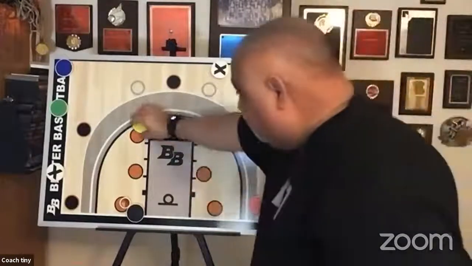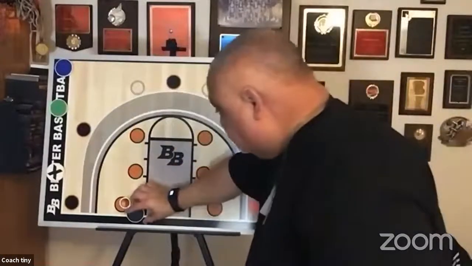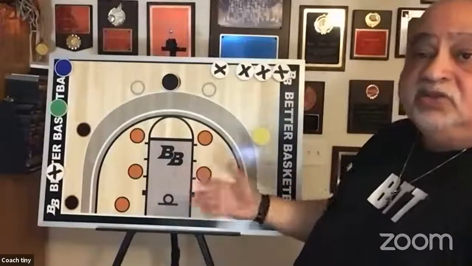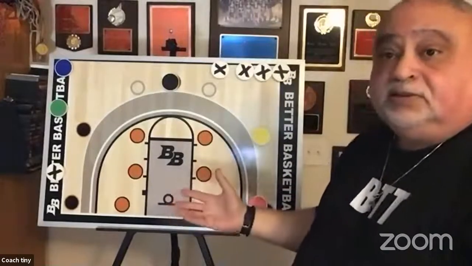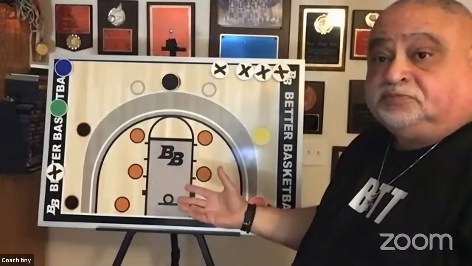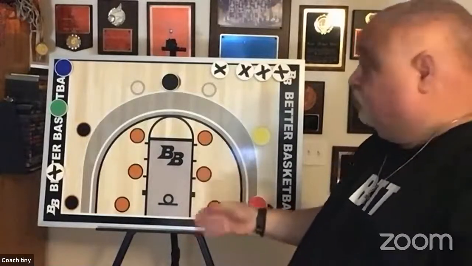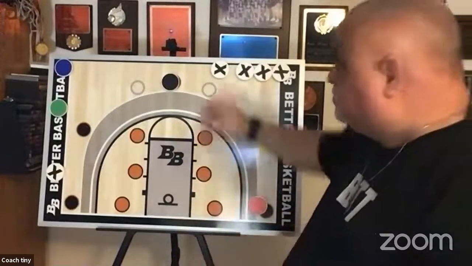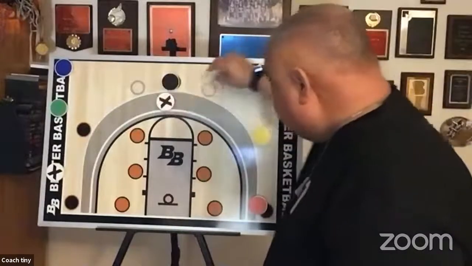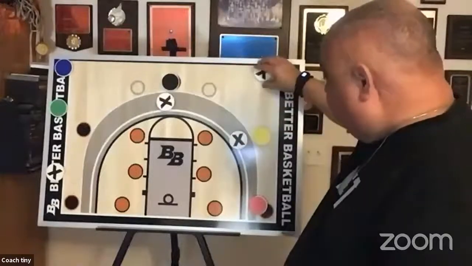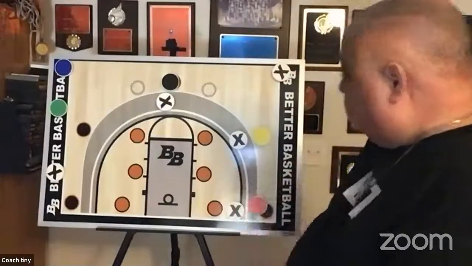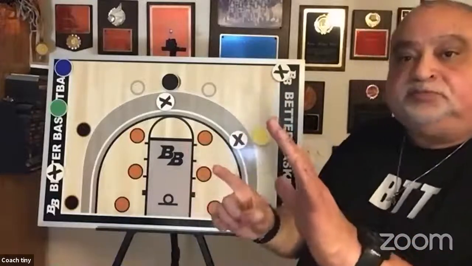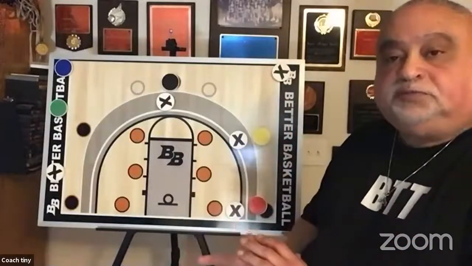So with the same formation, 3 on the side, we have how many different options? And when we want to change this and start working the defense, now we have 6 players involved.